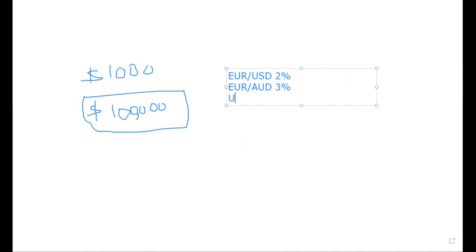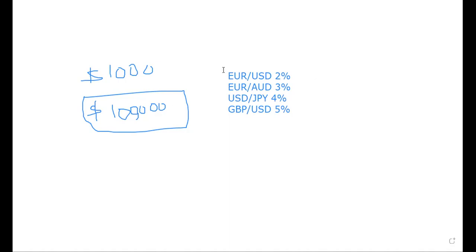We also have USD JPY with just a margin of 4%. And we also have GBP USD with just a margin of 5%. There is a way they calculate this.